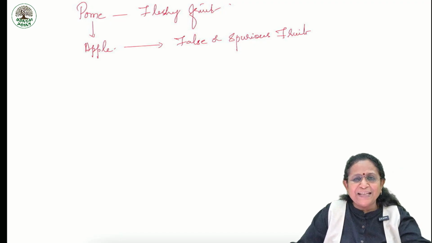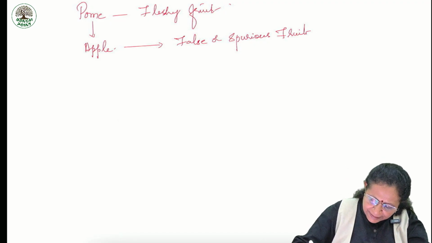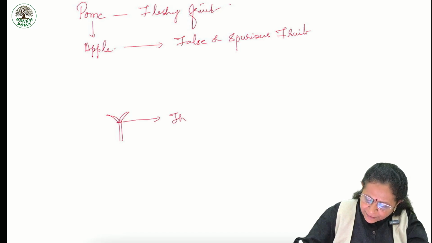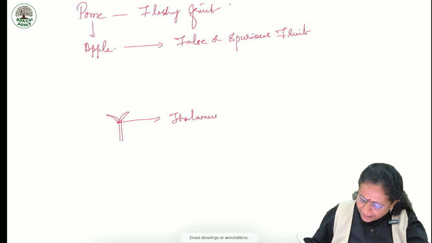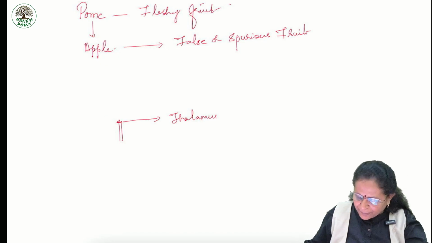What is the speciality? See now, if this is calyx, corolla, androecium, gynoecium, etc., this is the stem portion, this is the thalamus. Let me also erase the calyx. Let me just show you the thalamus.